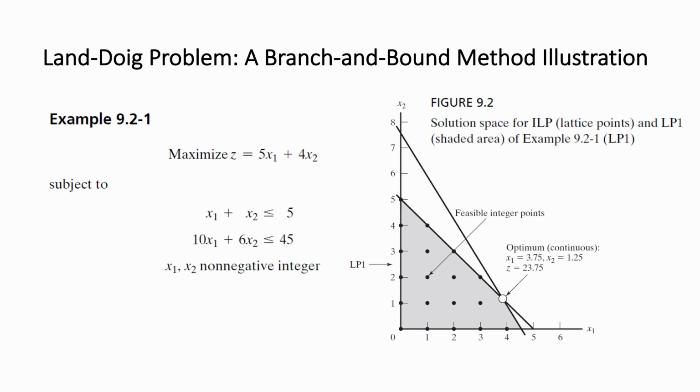Okay, now let's study the feasible region. The lattice points, or these dots here, are the elements of the solution space of the ILP because they're integral values. Now, if we join them with a shaded region, that's when we create the solution space of the LP, meaning the linear programming problem. Now, the optimum solution is obtained by removing the integer restrictions, meaning we consider the whole space.